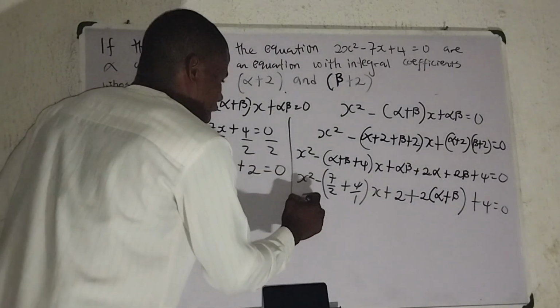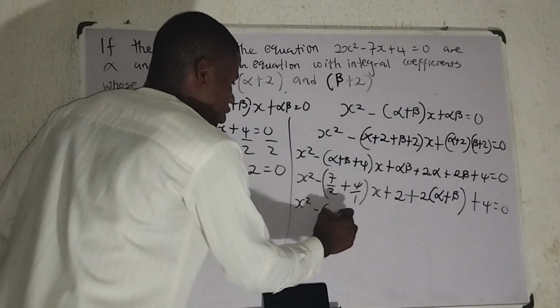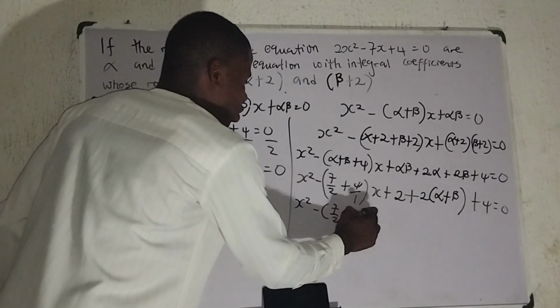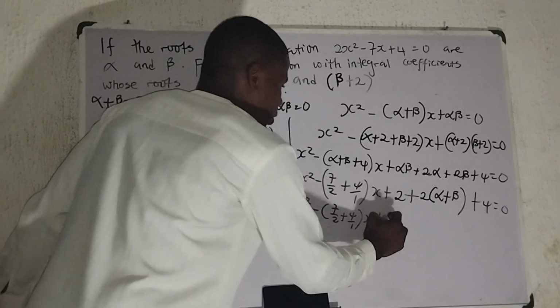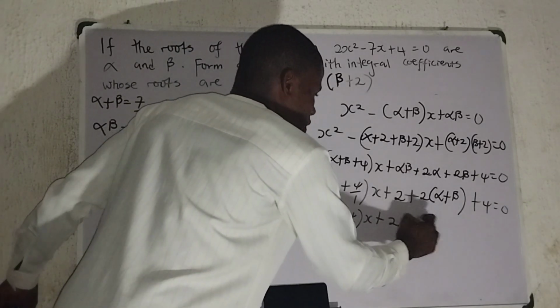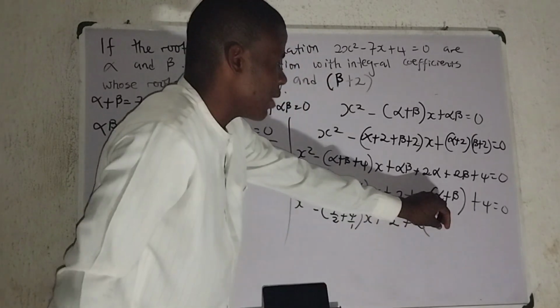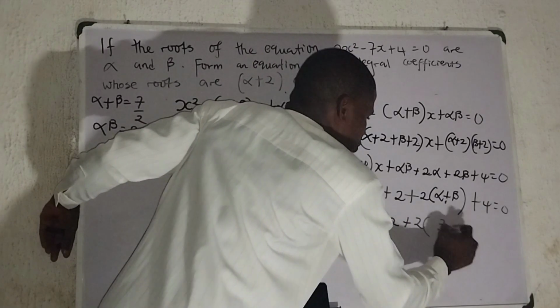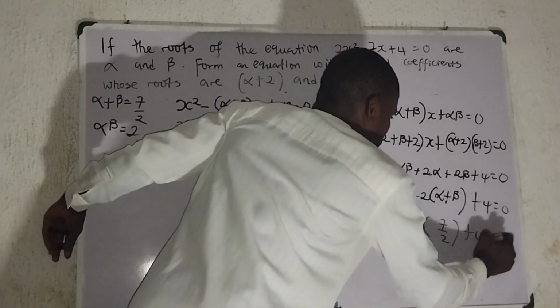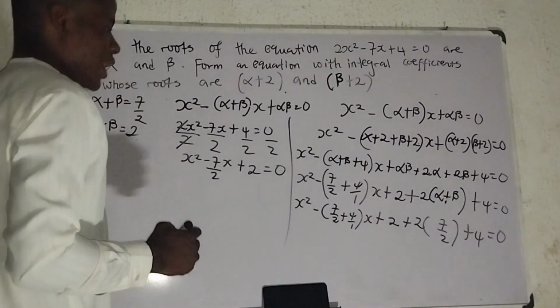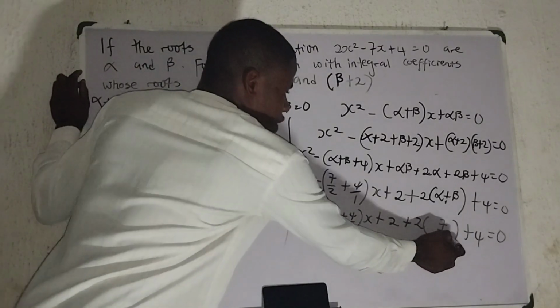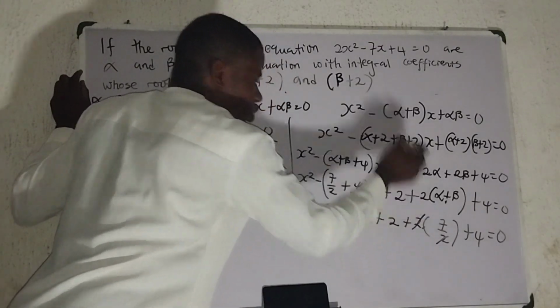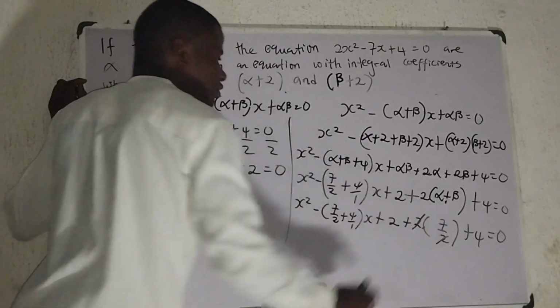So I'm having x squared minus (7 over 2 plus 4 over 1) x plus 2 plus 2 into the bracket alpha plus beta, which is 7 over 2, plus 4, equals 0. Here, the 2s cancel, so I'm having 7 left.